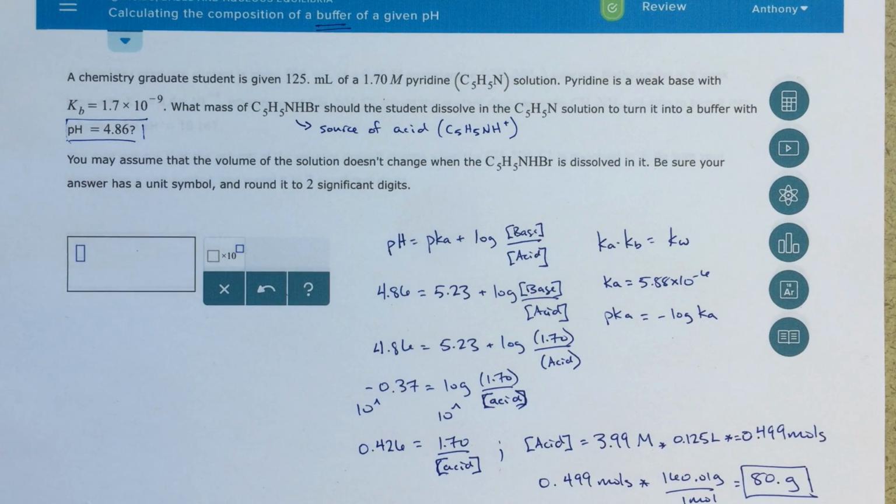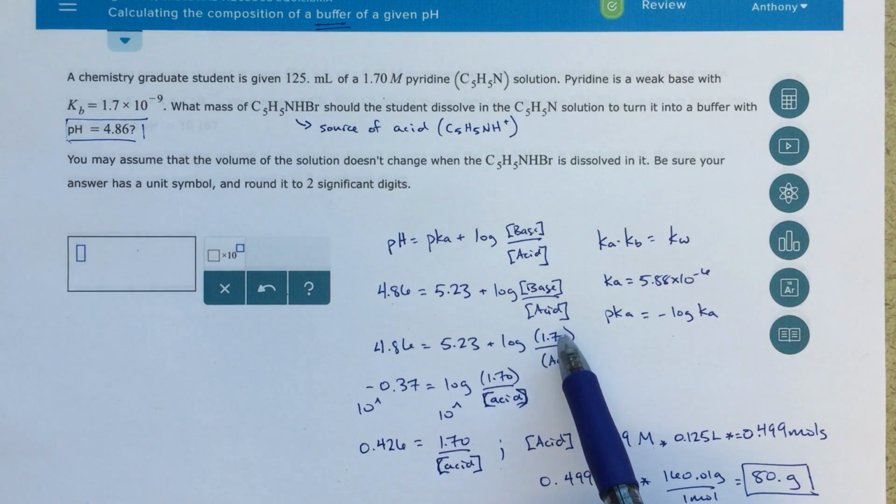But I know that I need to use the Ka because I'm using pKa here. So I've solved for the Ka, solved for the pKa, so I can plug my values in, and I'm also given my initial concentration of base, that's 1.70. And I can use this Henderson-Hasselbalch equation to figure out that ratio of base to acid and solve for that concentration of acid.